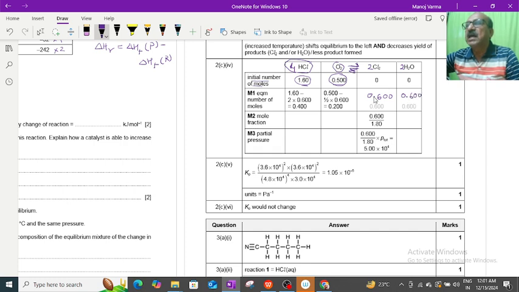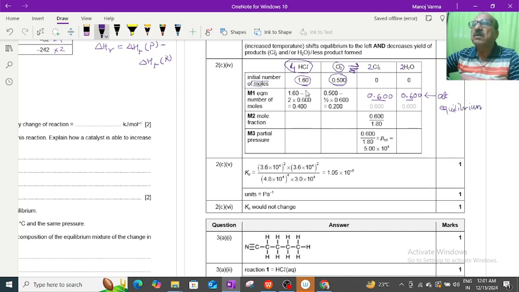This is the amount of the chlorine and the water, which is the entire 2Cl2 and 2H2O. Don't multiply this by 2. This whole thing represents 2Cl2, and this whole thing represents 2H2O. These moles are present at equilibrium, so this is not going to change because now it is at equilibrium.